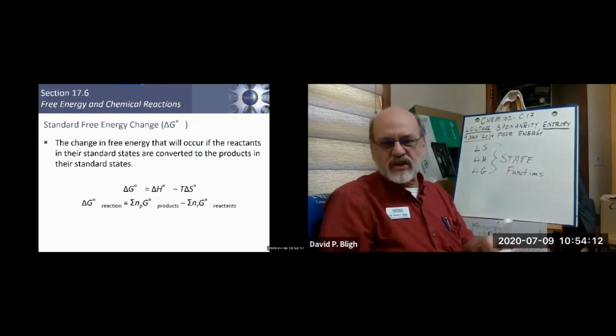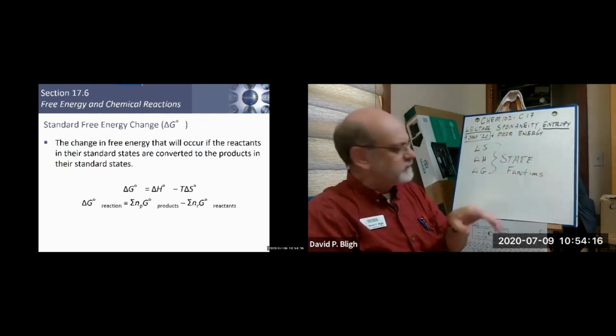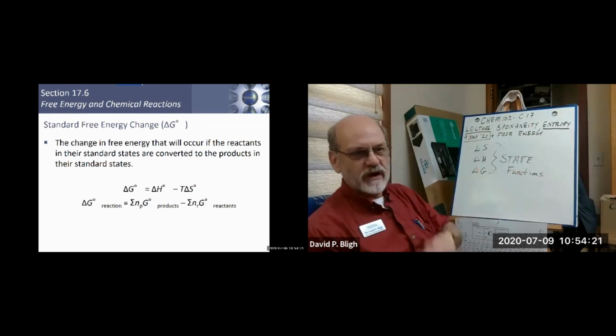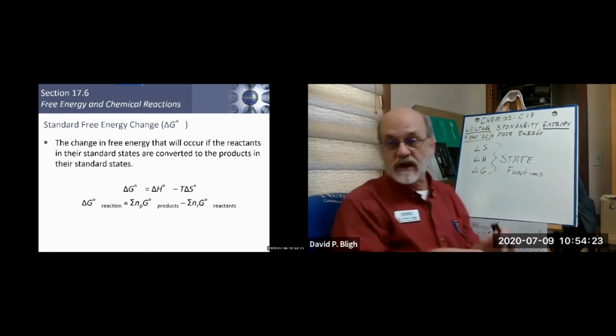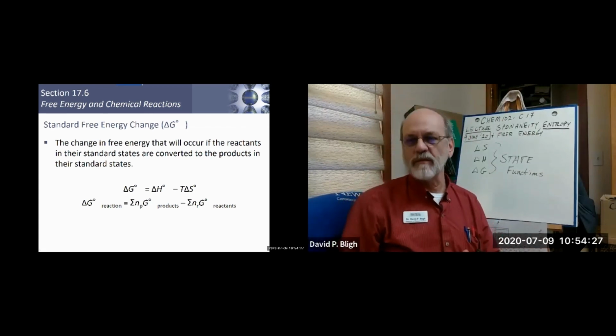It doesn't matter how you get there in a chemical reaction. Once you've got the overall reaction, all that matters is reactants and products. So that's why these calculations work, because it doesn't matter the path. It only matters beginning and end.